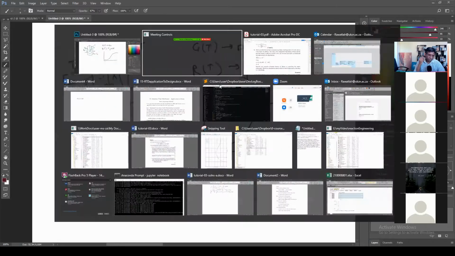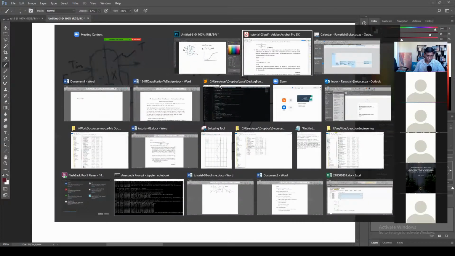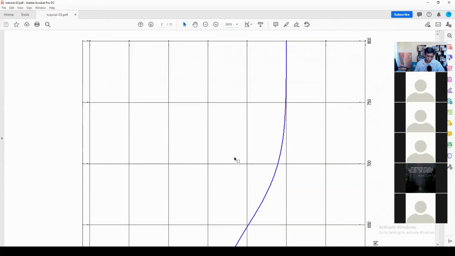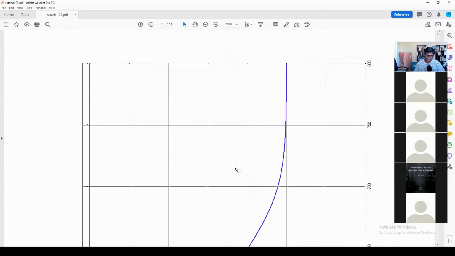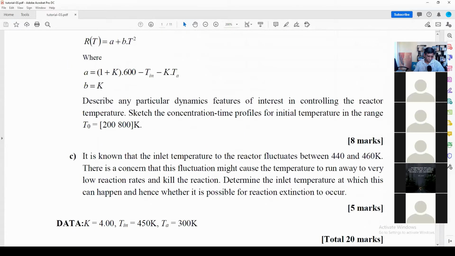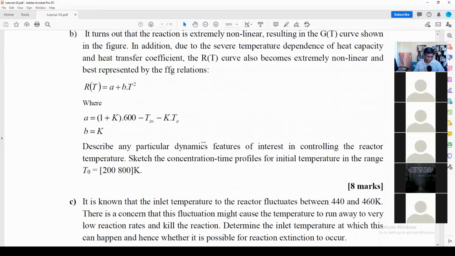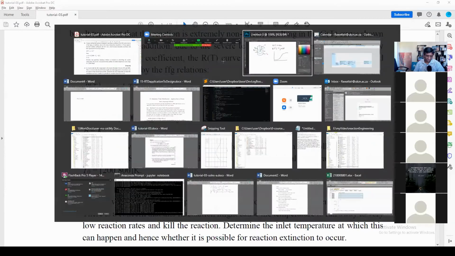So in this problem, we are given G of T. So it's given here as a graph. And then we are told also that our heat removal rate is also something that's not straightforward. And it might well be the case that we have some kind of weird heating going on.